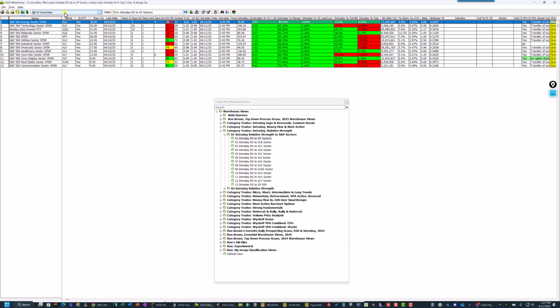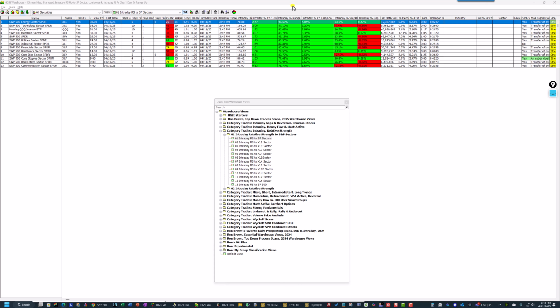What I have here is all of the S&P sectors, plus the spider and the QQQ. So based upon the combo that I'm using, this tells me which of these groups are performing best relative to one another.